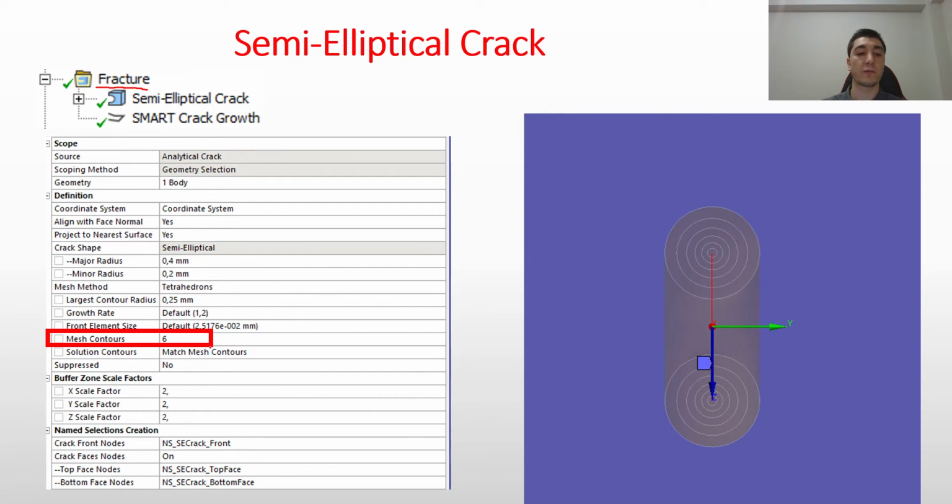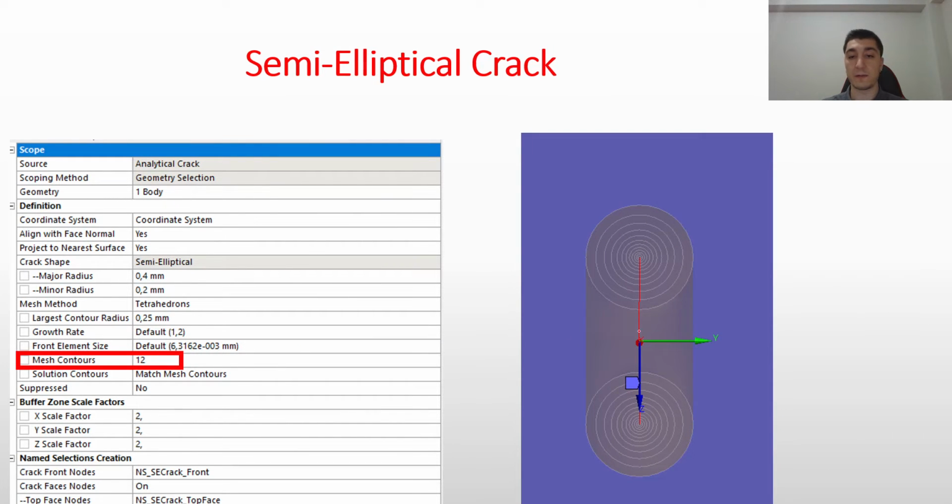And there are a lot of properties that we can arrange. One of them is mesh contours. If it is 6, that means there are 6 circles around this point. And also, if it is 12, that means there are 12 circles around that point.